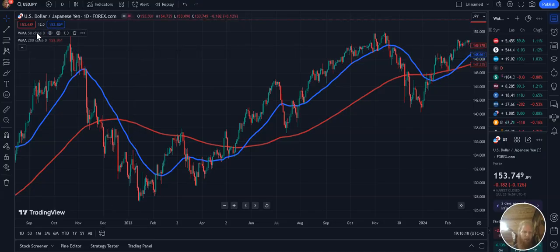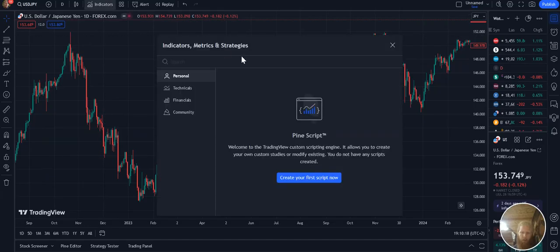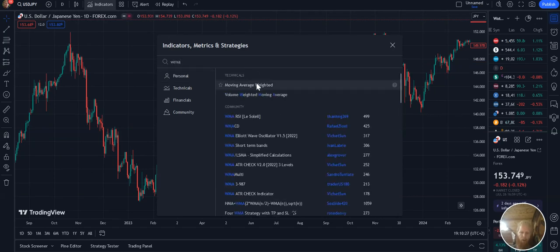First of all, you are going to need two weighted moving averages, and I put them on the chart. You just need to write WMA in TradingView. You can find it in MT4 and MT5 as linear weighted moving average.